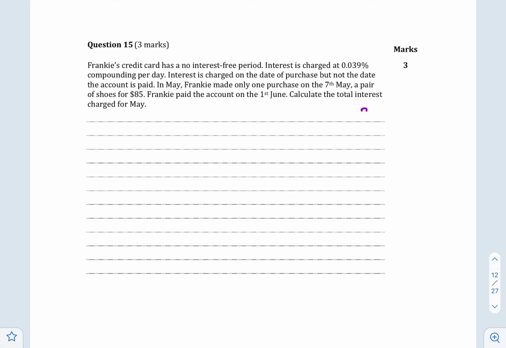So there are 31 days in May. Okay, that's important. 31 days in May, not being charged on the 1st, because that's when the account was paid. So we're going from the 7th to the 31st, including the 7th.